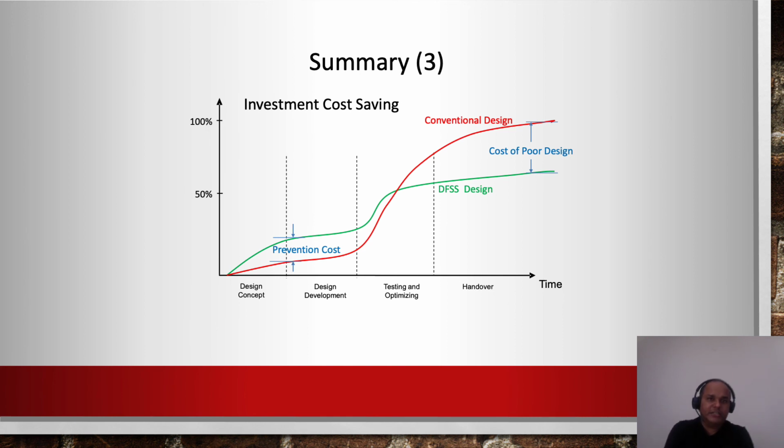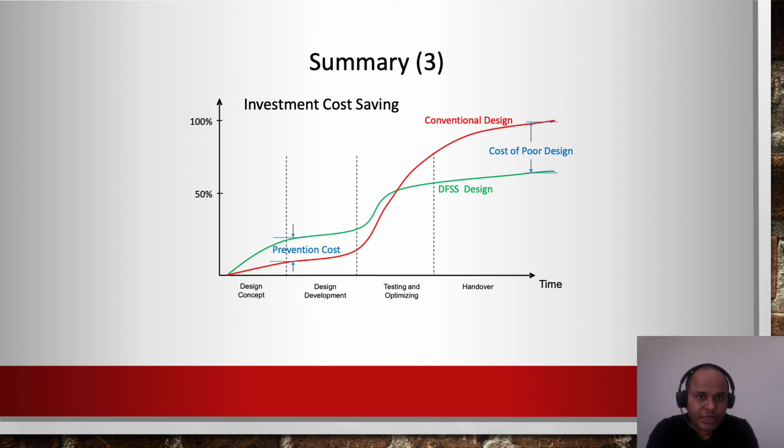In summary number 3, investment cost saving. If you see design concept, design deployment, testing and optimization, and handover. In the conventional design, at the start the cost is initially less, but by handover the investment goes high.